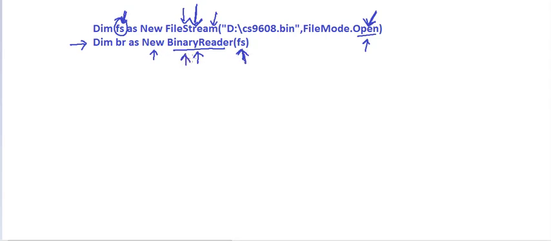Okay, now we want to read as many records from the file as there are in the file. So we want to read all the records in the file, but we do not know, for example, how many records there are in the file, right?